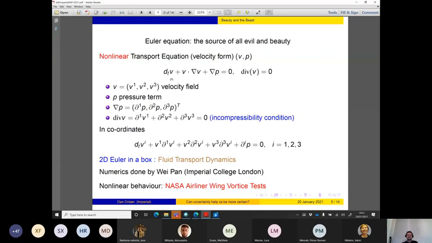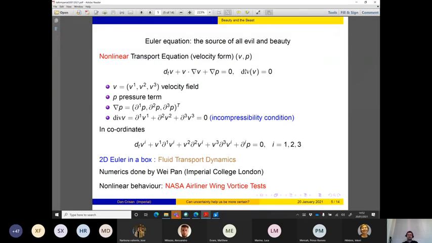So that's the Euler equation, right? And because I have 3 components, I could write it in coordinates. So I'll have here 3 equations. This single line in fact encompasses 3 equations, 1 equation for each of the 3 components.